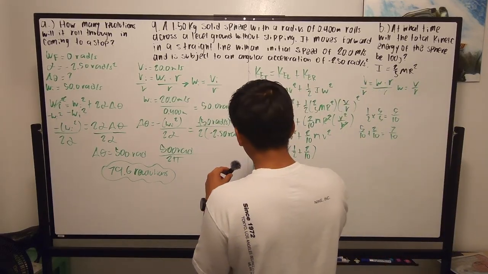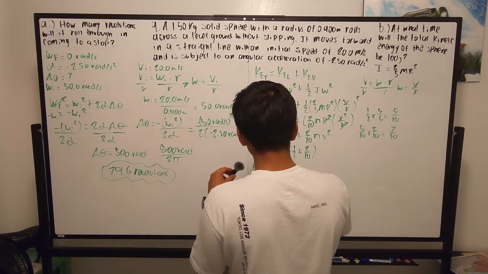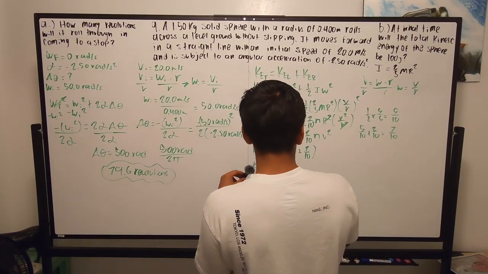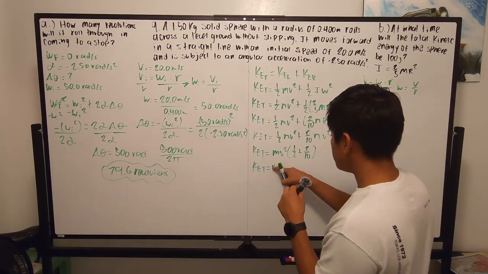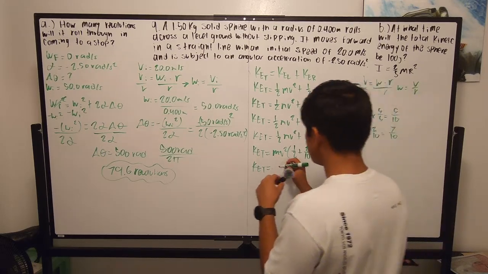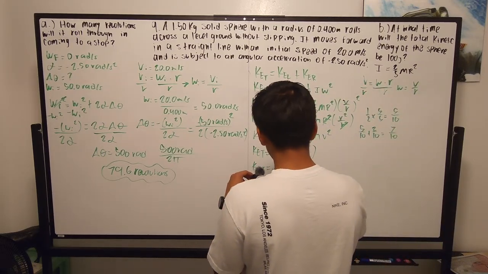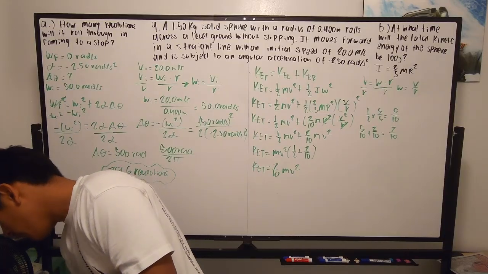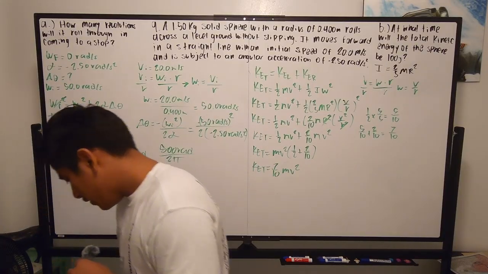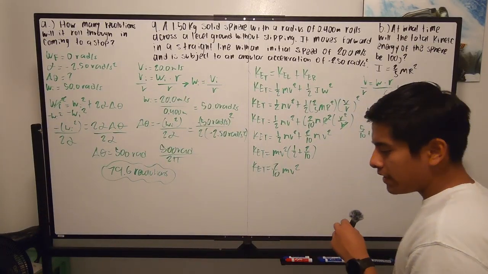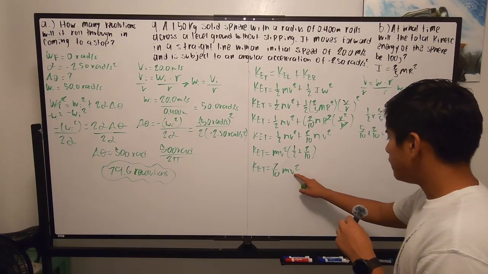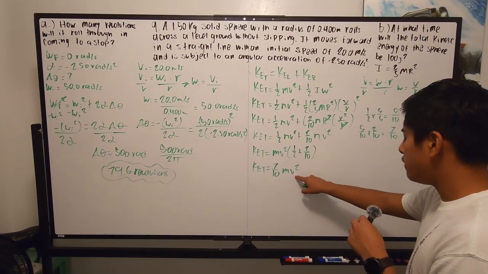So then I get that the kinetic energy total is equal to 7/10 mv squared. And now from here, I'm going to go ahead and isolate and solve for v squared.